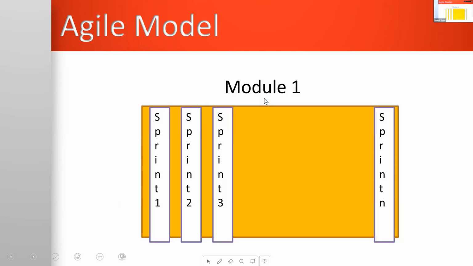Then each module is further divided into smaller components called sprints. Sprint means a small piece of a module, not the whole module. One module can be further split into multiple smaller pieces called sprints.